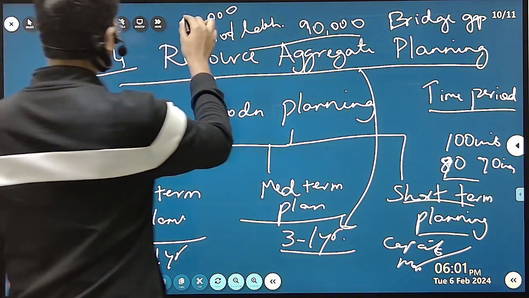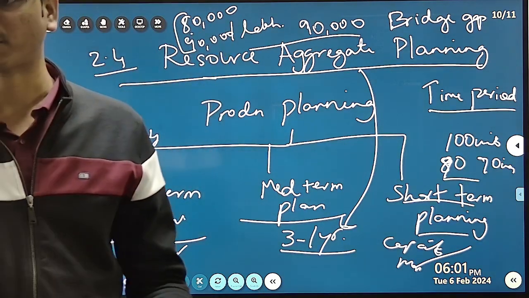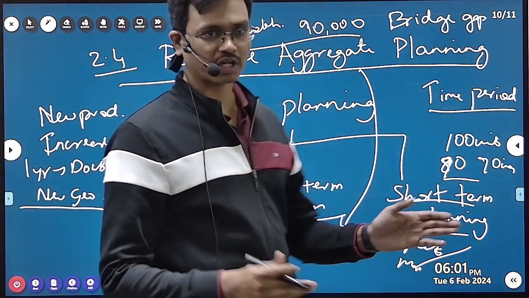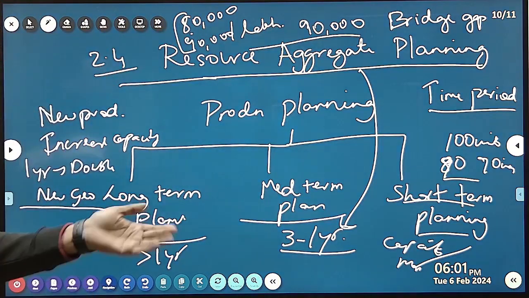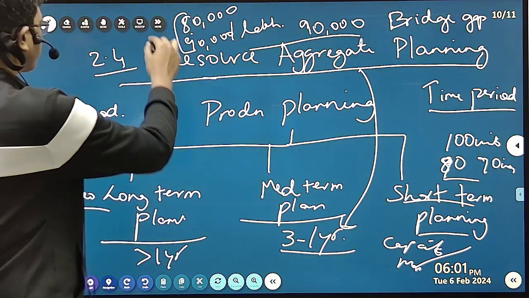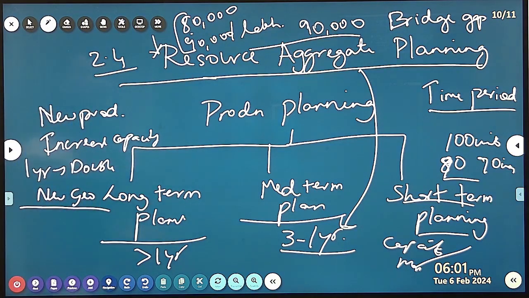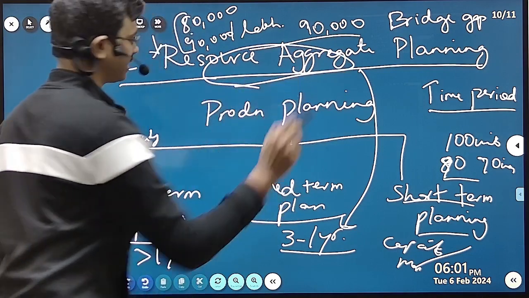So you want to match the annual demand. You can reduce the number of hours, or divert the manpower into some other product. You can reduce the overtime and bring down the production too, so that your inventory cost doesn't go up. So this kind of planning is called resource aggregate planning.